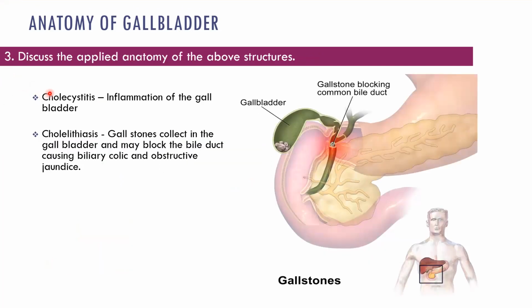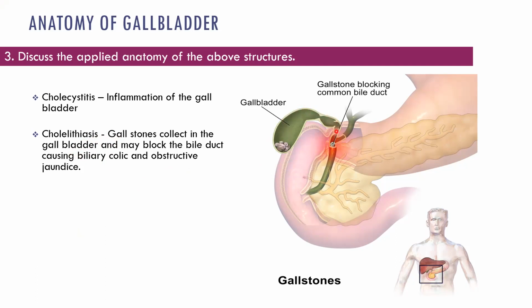Okay, cholecystitis is inflammation of the gallbladder. It can be due to infection, or secondary to gallstones, a condition known as cholelithiasis, defined as gallstones collecting in the gallbladder and possibly blocking the bile duct.